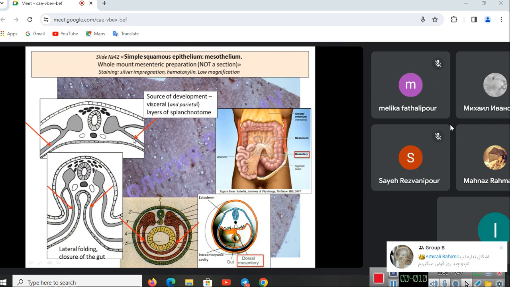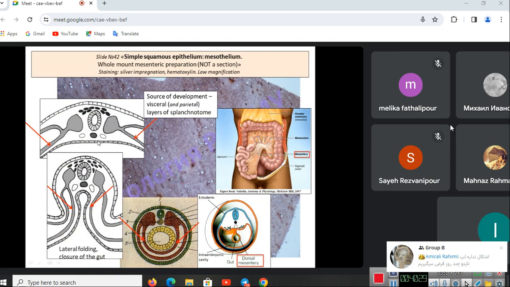The visceral layer of splanchnotome will make the mesothelium which covers the organs inside body cavities. The parietal layer will make the mesothelium which lines the cavities.